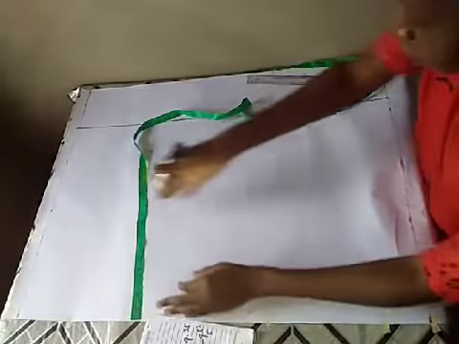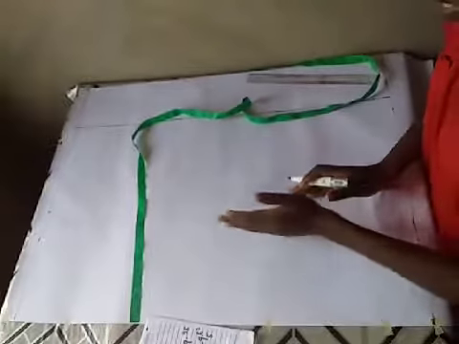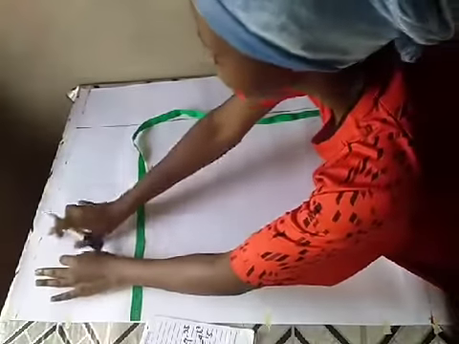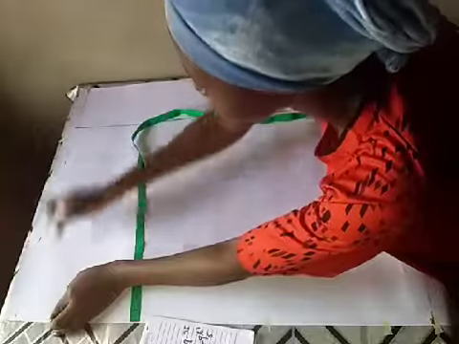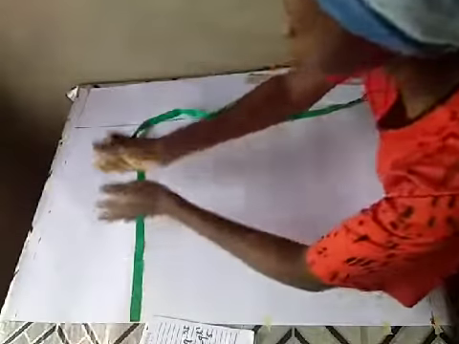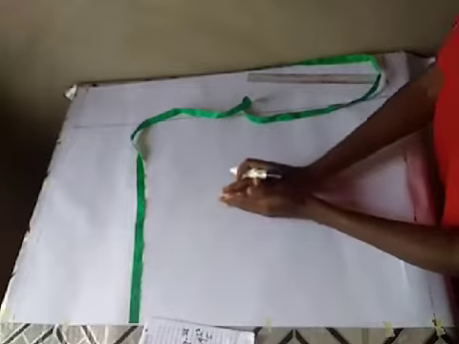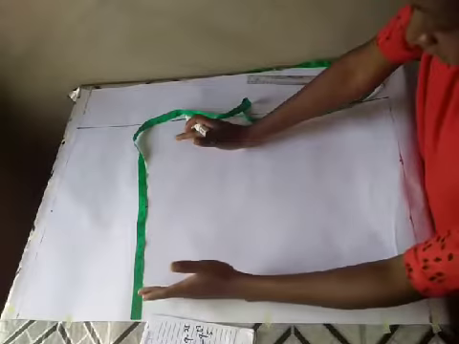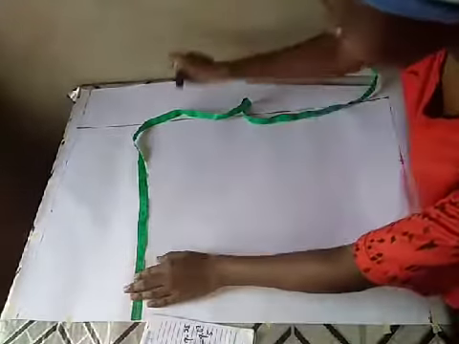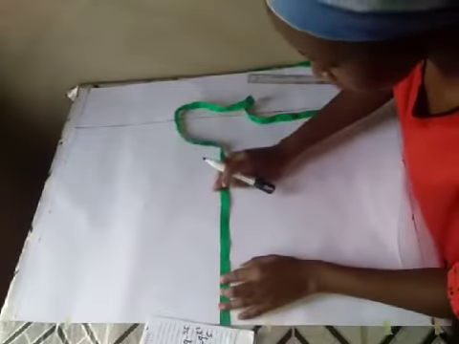I'll do that down the length of the paper, because I want to divide this horizontal measurement, the 19.25, into 2 equal parts. One will be for the front skirt and one will be for the back skirt.